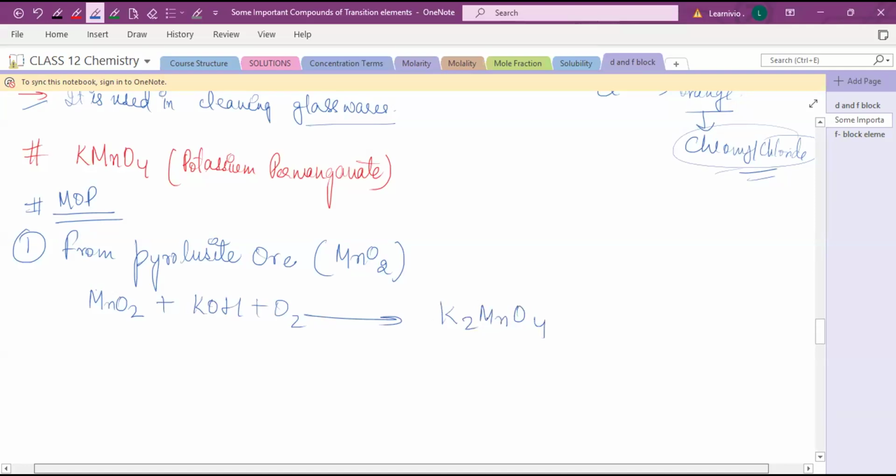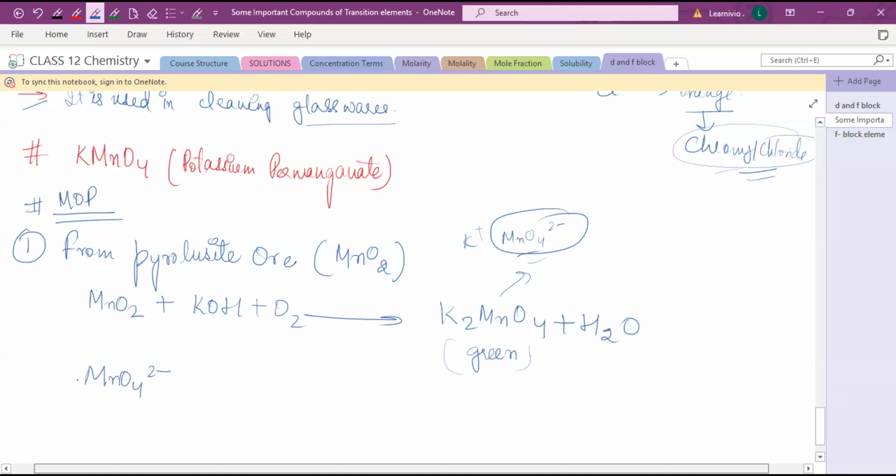This is not potassium permanganate. Potassium permanganate is KMnO4. So the first step gives you a green color K2MnO4, which is K plus and MnO4 2 minus. So take this manganate ion, MnO4 2 minus.